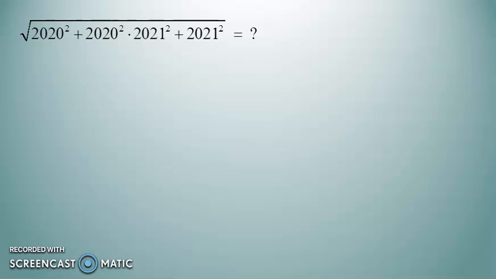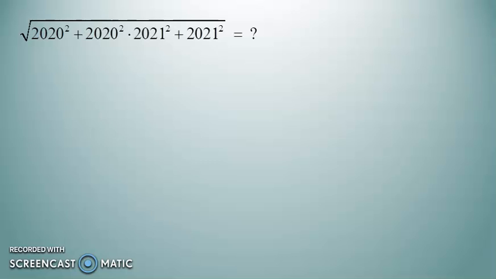Remember, when we're dealing with this kind of question, it's always clever to use new variables instead of the numbers, just to avoid calculations. Let's start.